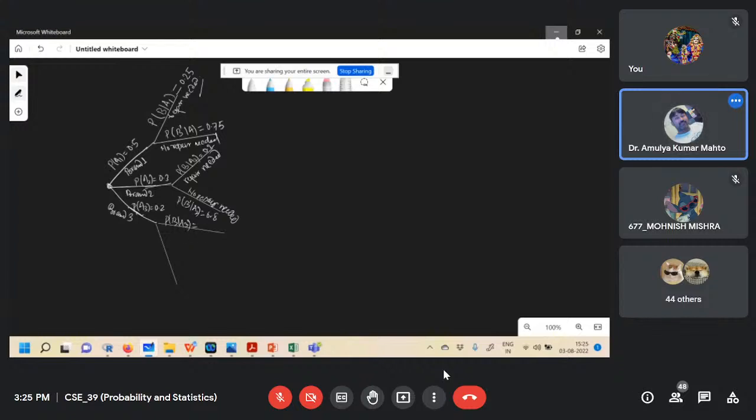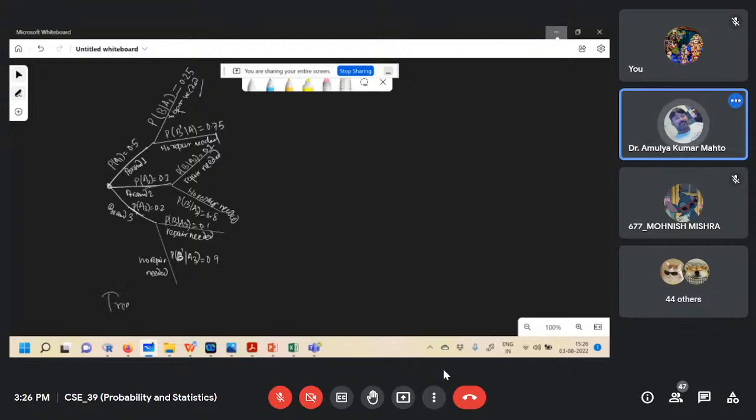This probability is 10%, so this is 0.1, and this one is the probability of B-dash, meaning no need of repair, and it's a brand 3 product. This is 0.9. Here you have no repair needed, and here you have repair needed. So you can understand your problem using this tree diagram.